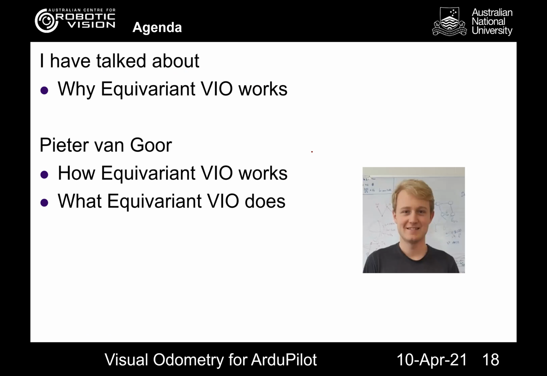So I had a little bit of a chat about why equivariant VIO works, and I appreciate your patience in listening to me, because I know I tend to be a bit academic. What we want to do in the group is take this filter, which we believe is the best in the world, and take a step from running it on these academic examples and proving that it works academically, which we can do now, and actually roll it out as something that everyone can use in ArduPilot.